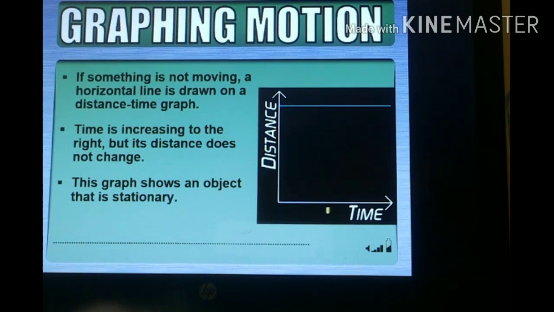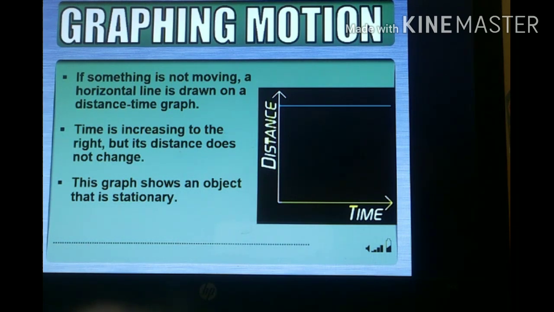Now imagine you are sitting at a particular distance from the kitchen. As the time is going on increasing, is the distance between you and your kitchen increasing? No. Why? Because you are sitting at a single place, so the distance is stationary.